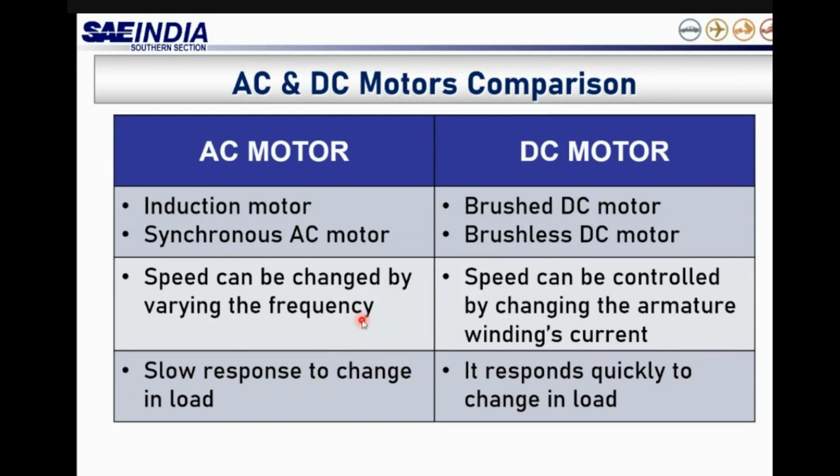This is what your controller does when it gets the throttle input, the PWM signal. If it is an AC motor, the motor controller varies the PWM frequency. For the DC motor, the armature winding current is modified to provide sufficient torque for the demand sent through the throttle.